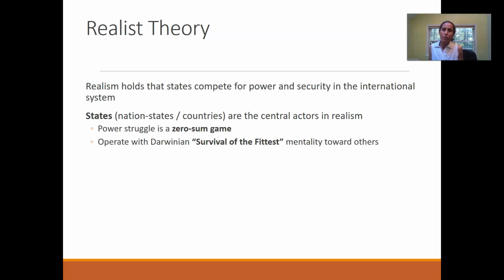Also, realists see the world in terms of a zero-sum game, meaning that if I win something, if I gain something, it means that somebody else lost. So there is no win-win situation. And because of that, the world operates in this survival of the fittest mode.